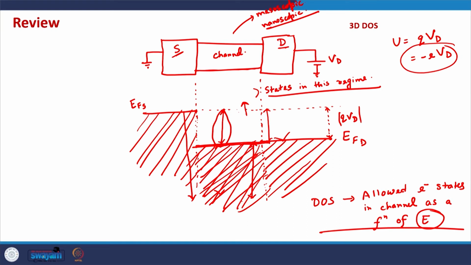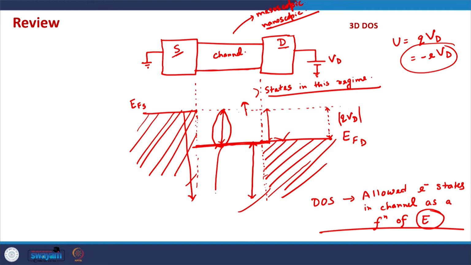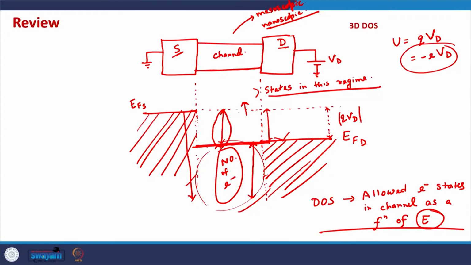So, even in this regime we need to know electronic states, because it will tell us about the number of charge carriers in the channel, which means how much charge the channel is holding while it is doing conduction, because all these electronic states are filled, which means electrons exist in all these states even if they were not there earlier before contacting the channel with source and drain.